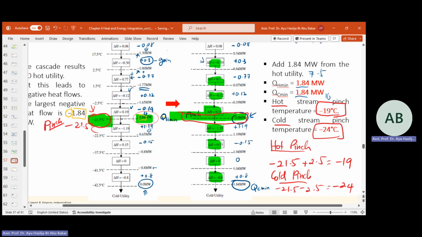Second cascade is the one that you get 0. This 0 point is equivalent to this interval. Actually, you should put the temperature again in here, so it will be clearer to see.